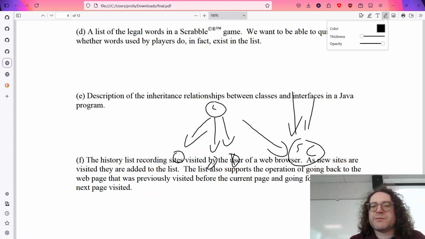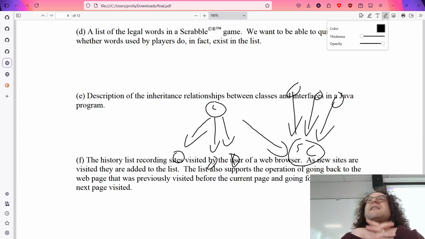So I can have multiple interfaces. And this no longer looks like a tree, right? It is a directed acyclic graph at this point, because trees are technically directed acyclic graphs, by the way. But one of the things about trees is that you have one parent. That is the big thing about trees: you have one parent.